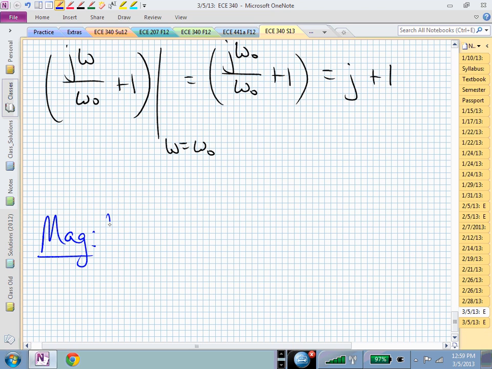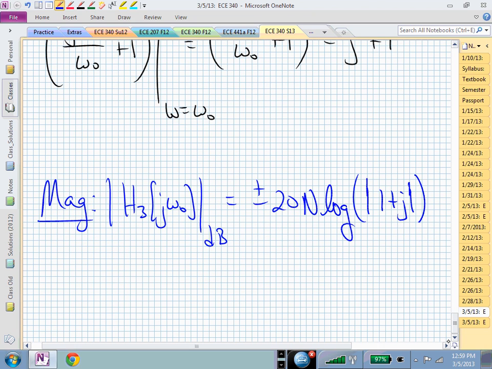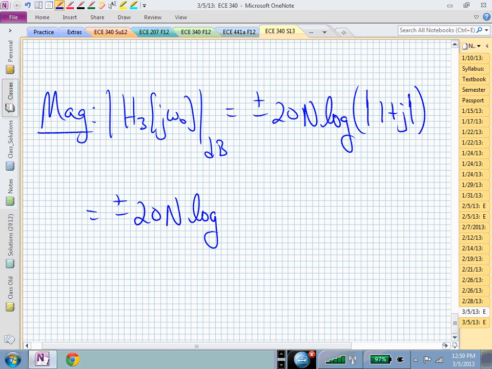We can now look at the magnitude right at that mid frequency, the break frequency. And that's going to be plus and minus 20 capital N log of the magnitude of 1 plus j.